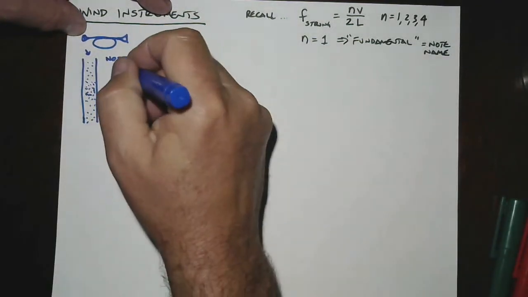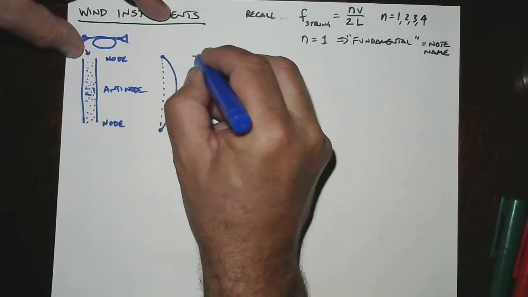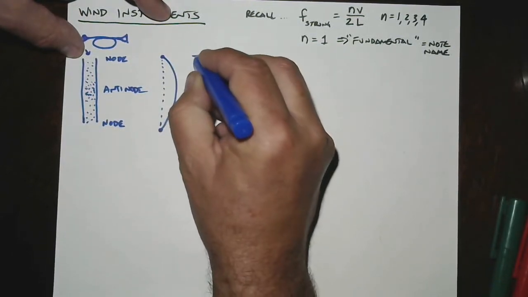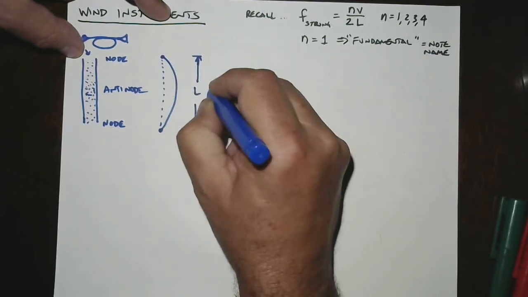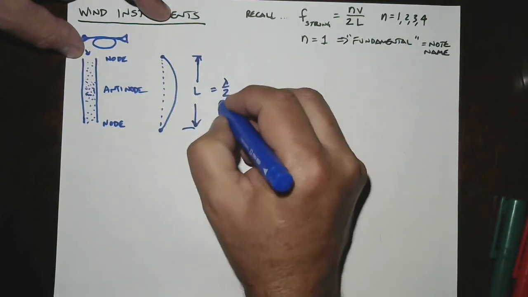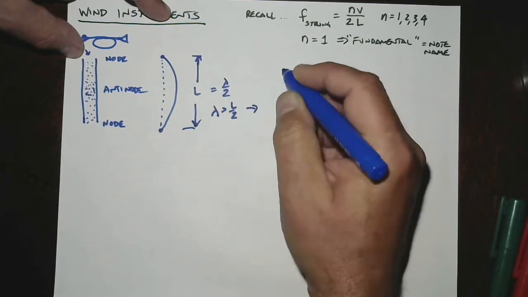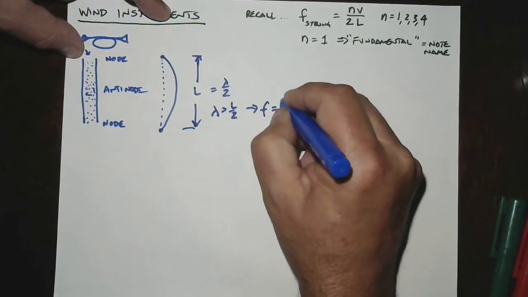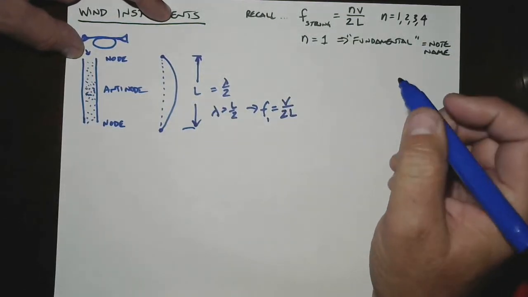But you can see from this graph of pressure or density that we have the exact same geometrical situation we had before, and that is that the length of the tube is exactly equal to half of a wavelength. That means the wavelength is 2L, and when we put it in the equation, we're going to get a frequency of v over 2L. And that's going to be the fundamental frequency.